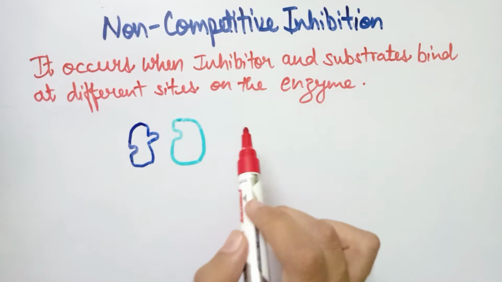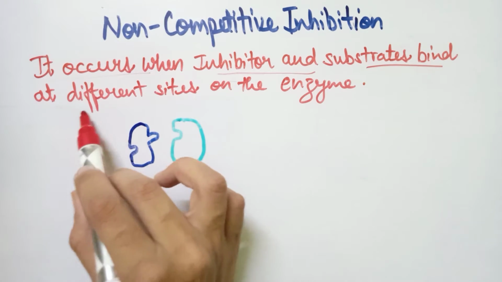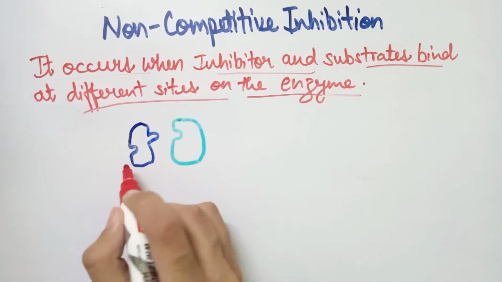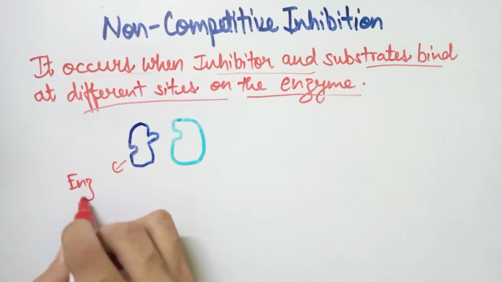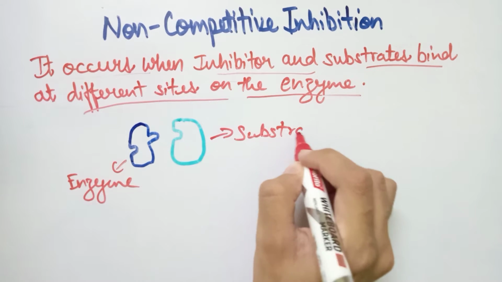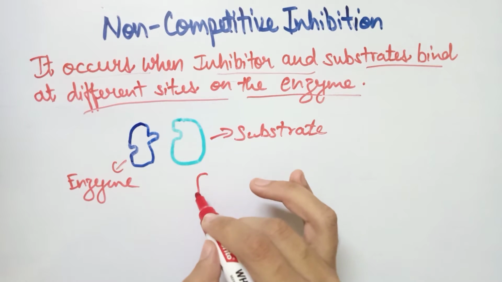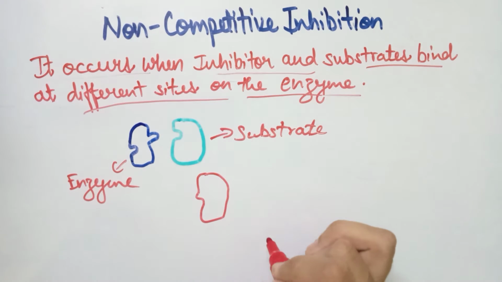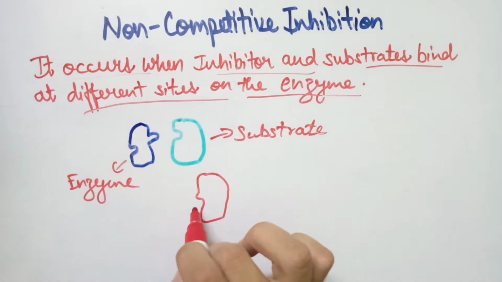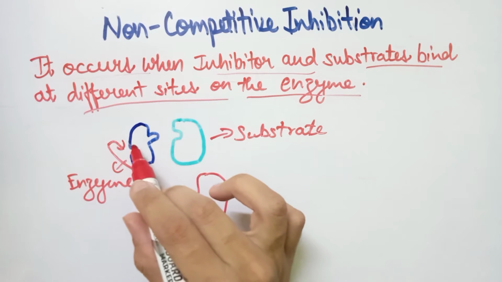In non-competitive inhibition, basically the inhibitor and the substrate bind at different sites on the enzyme. So what that means is that, for example, if we take this as the enzyme and this as the substrate, in non-competitive inhibition the inhibitor molecule will not attach to the active site of the enzyme, but it will attach to the other site which is present on the enzyme itself.